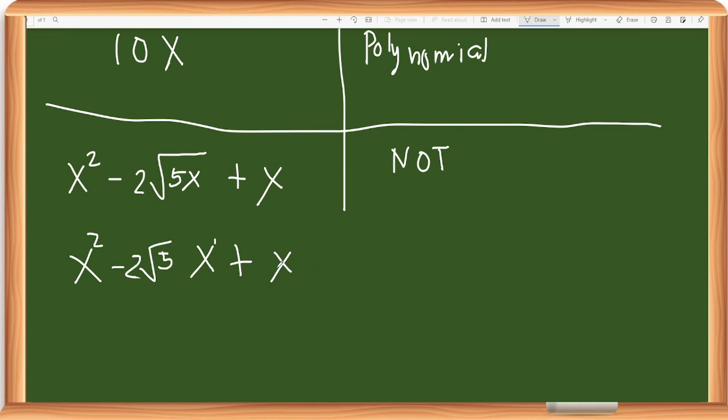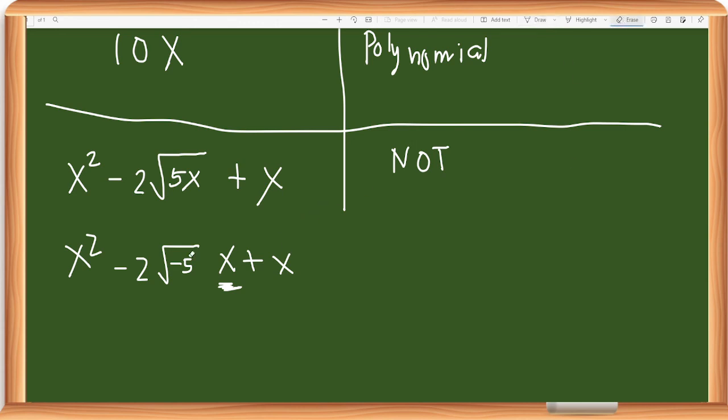So, therefore, this is a polynomial expression. Now, if this is x squared minus 2 times the square root of negative 5 and then x plus x, as you can see, the numerical coefficient of this x is not a real number. Therefore, this is also not a polynomial.